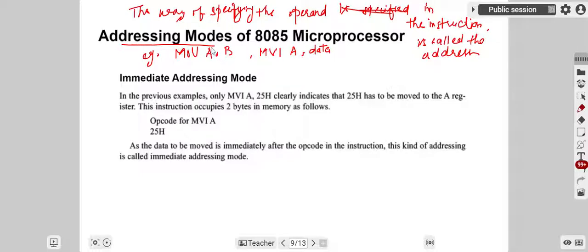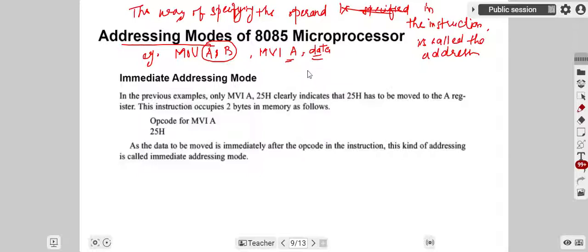So with the move instruction, we provide both the operands inside the registers. With the MVI instruction, one of the operands is stored in a register, and the second data is provided with the instruction as immediate data.